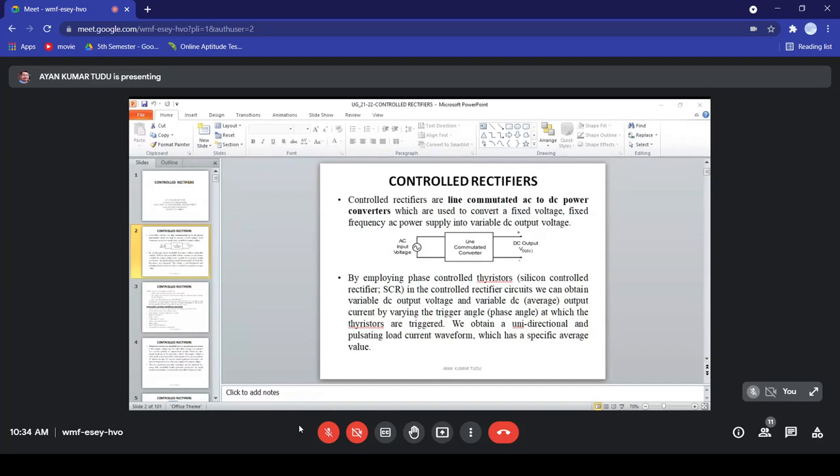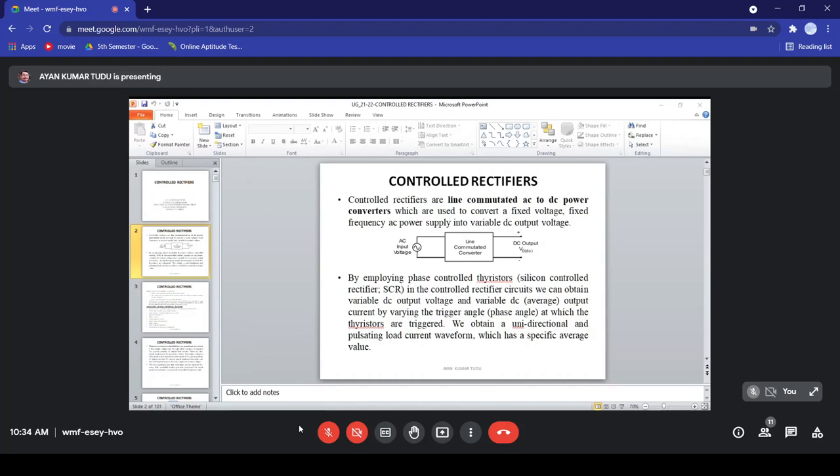So there would be an AC input voltage of a fixed frequency and a fixed voltage, and after passing through the line commutated converter, the output that we'll be getting is a variable DC output voltage.